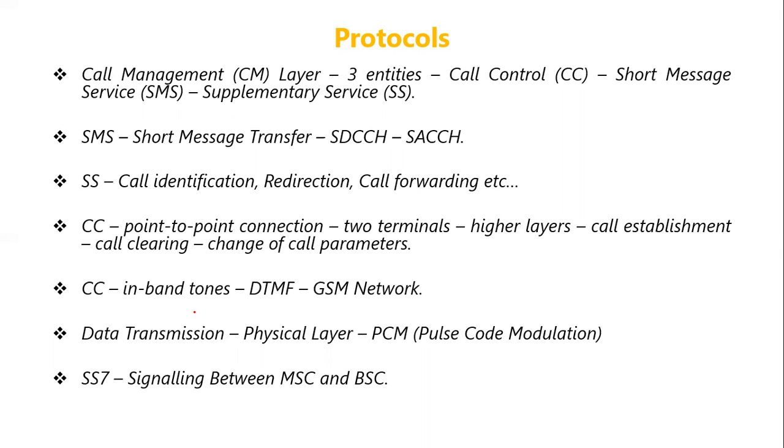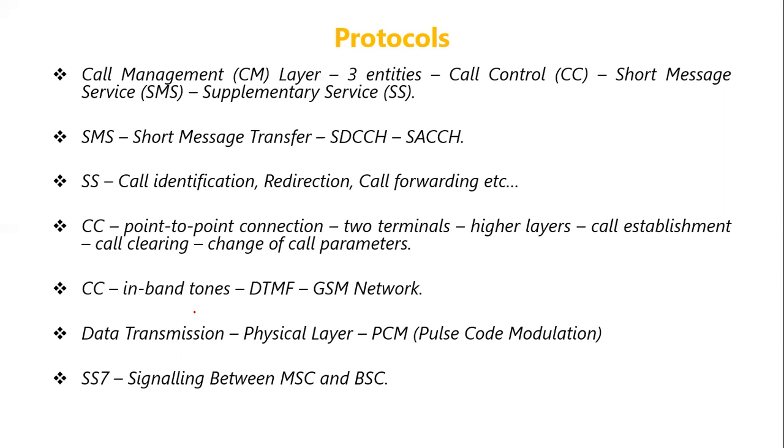Basically the physical layer, which is the radio layer, deals with synchronization, forward error correction, and also takes care of actions like voice activity detection, comfort noise, all those things.